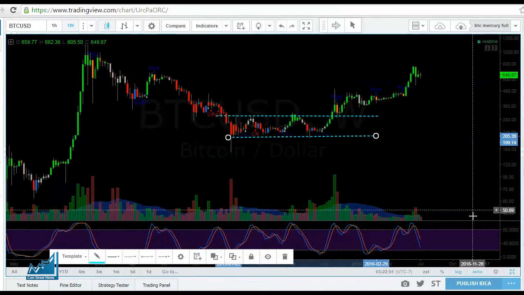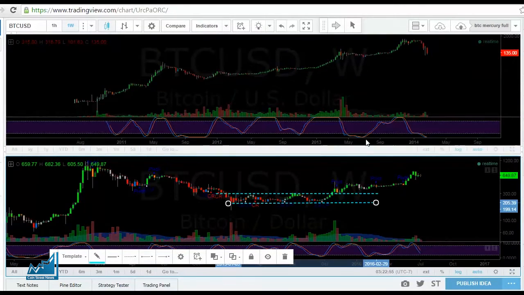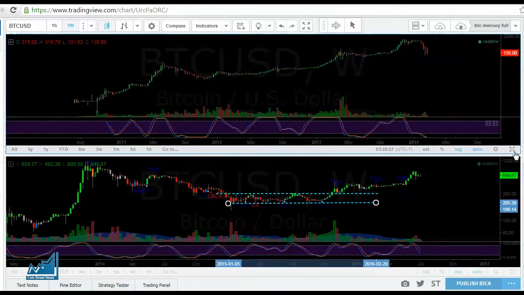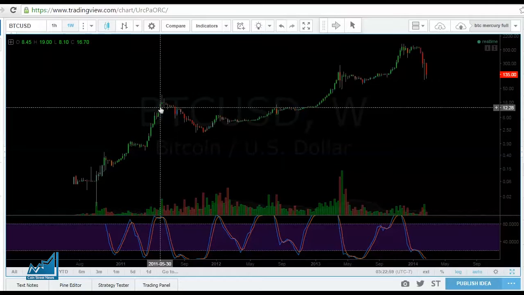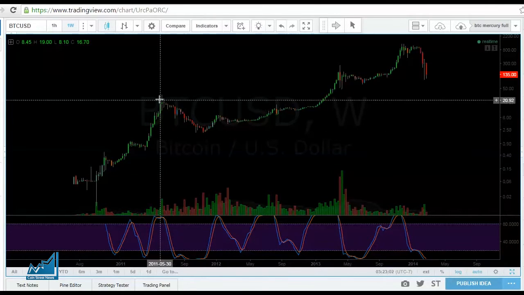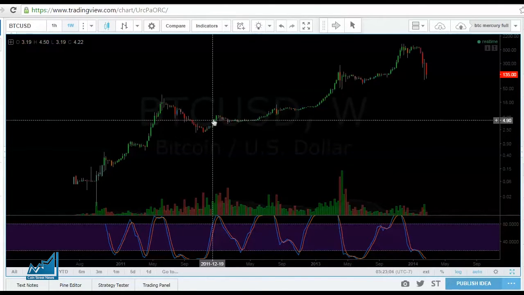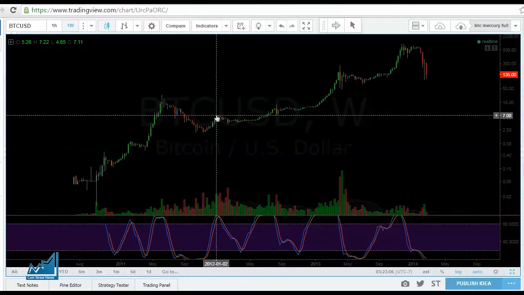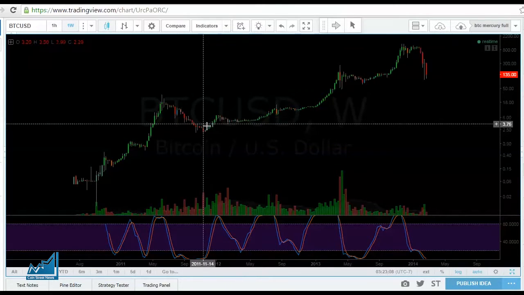A way to look at this as well is to look at the old Mt. Gox chart and see the original Bitcoin bubble here, bear market, and then this whole area could be thought of as accumulation.